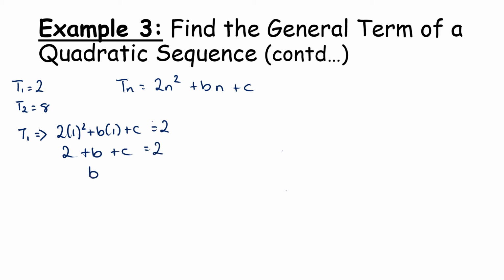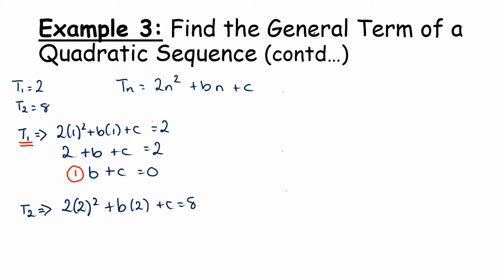So taking a 2 from both sides, you get b plus c equals 0. So what we've done is we've created an equation in terms of b and c, which we're going to be able to use to figure out what those constants are. So now let's look at the second term. 2 times 2 squared plus b times 2 plus c, and the second term is 8.